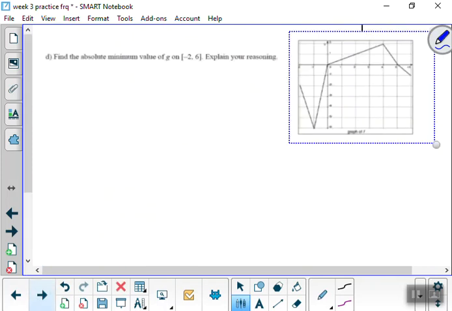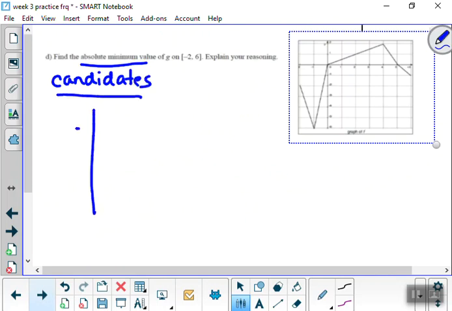All right, absolute max. For absolute max, you should be thinking about candidates, a table of candidates. And -2 and 6 are two key candidates.